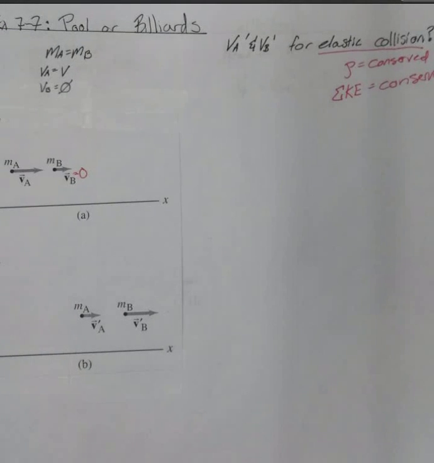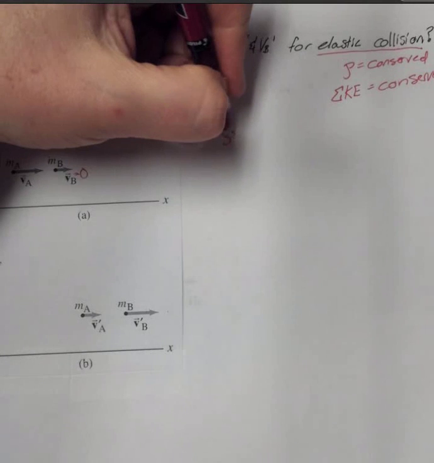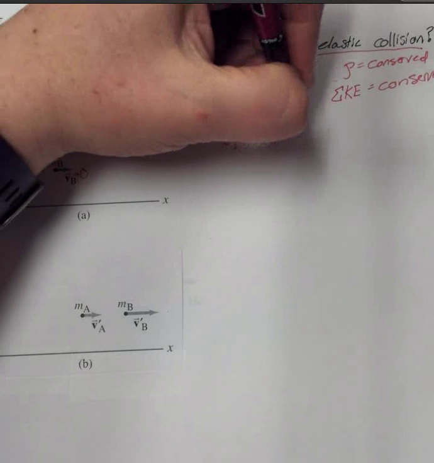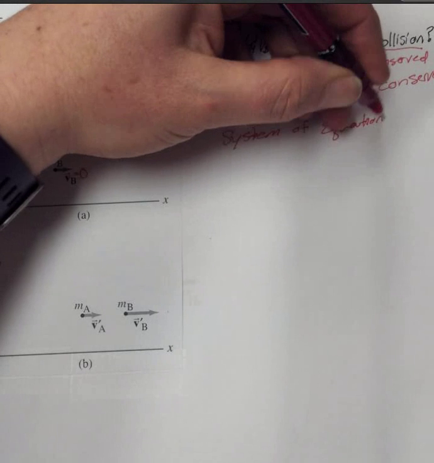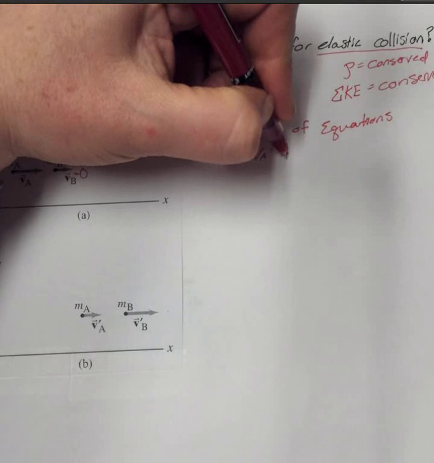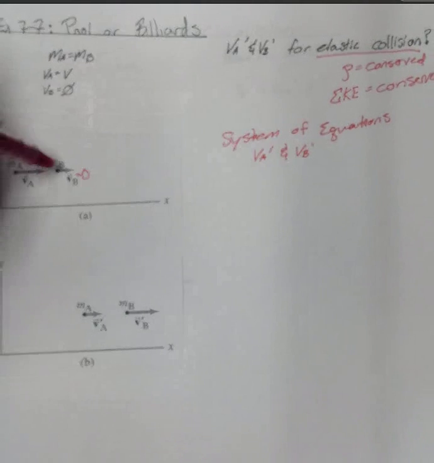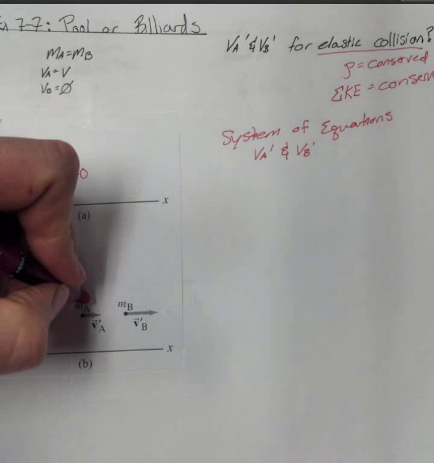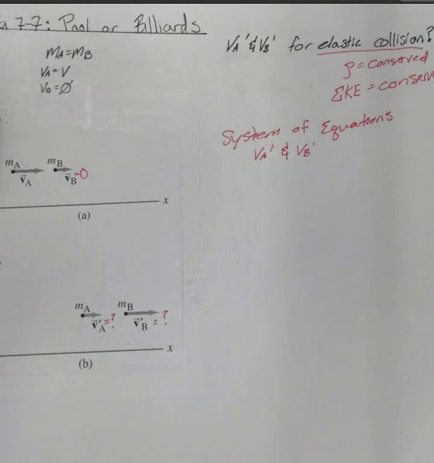So if we know that these two things are true, then we're going to need a system of equations, because we have two unknowns, VA prime and VB prime. Before the collision, VB is 0. After the collision, we don't know what VA and VB are, so we're going to solve for both of them.